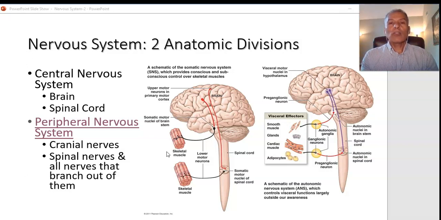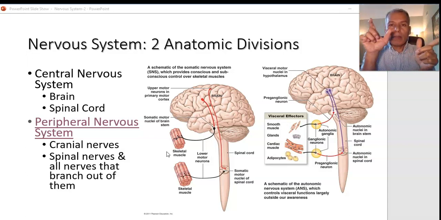The central nervous system consists of the brain and the spinal cord. You can simply think about the brain as the physical structure, kind of your hard drive.